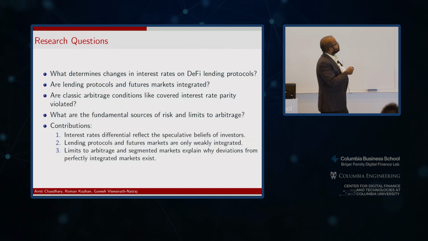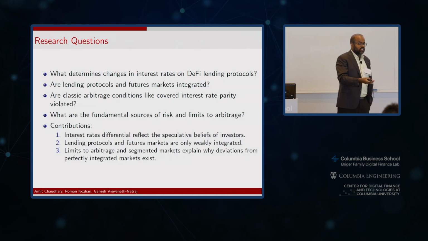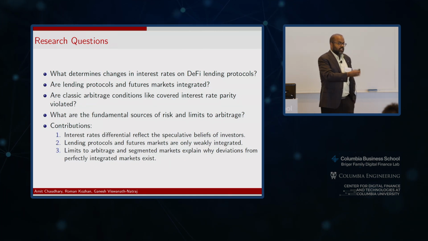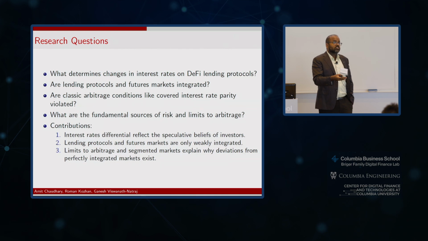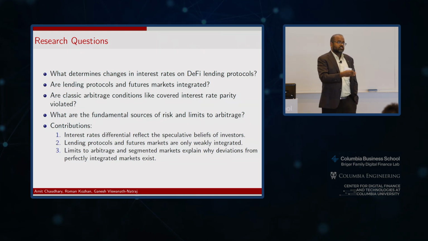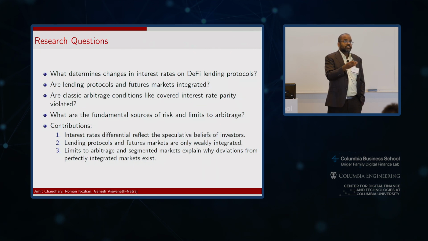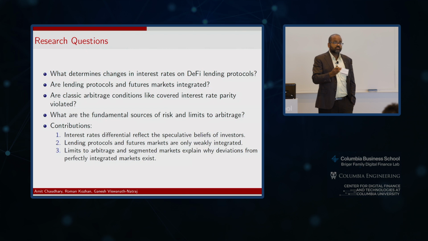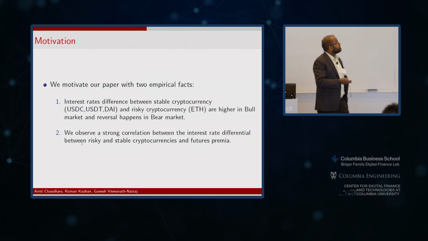A potential reason for the weak integration is that arbitrage may be limited because of transaction costs, and there's some segmentation between the markets. Investors can have different beliefs in lending protocols versus futures markets, so if there's some segmentation, that can explain why integration is weak.